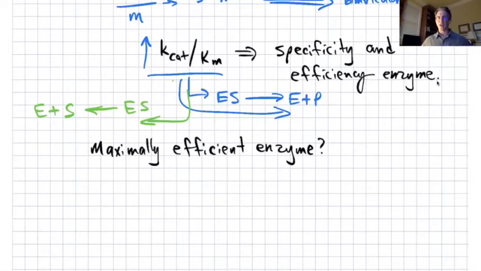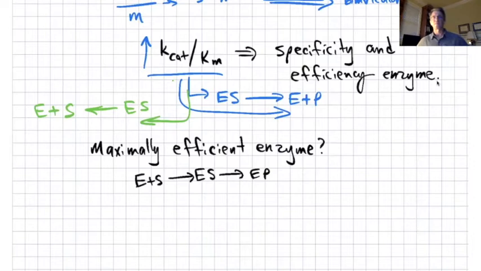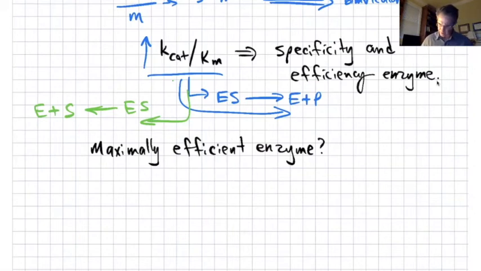So each and every time an enzyme found substrate, it would always make product. So essentially, it would never fail. It would almost never miss or let go. It would basically be so-called catalytically perfect.